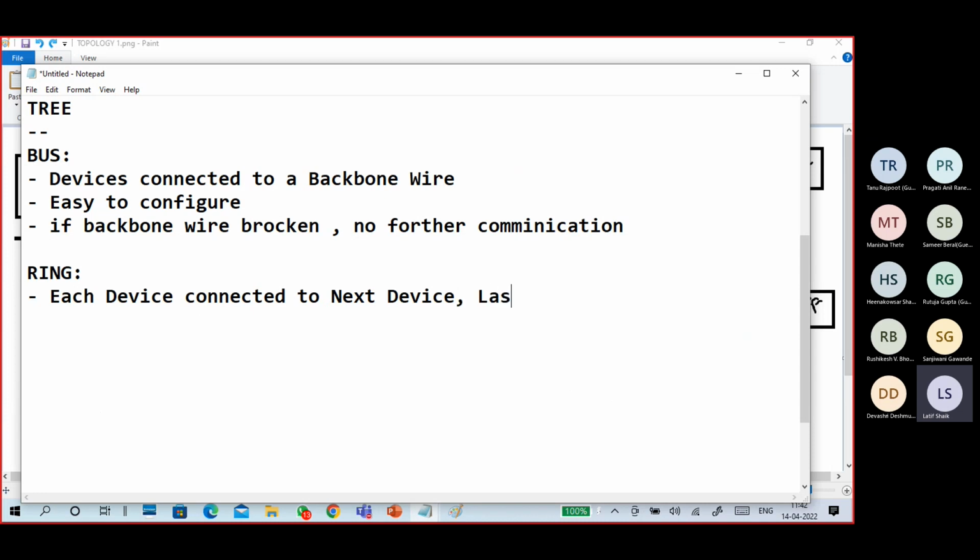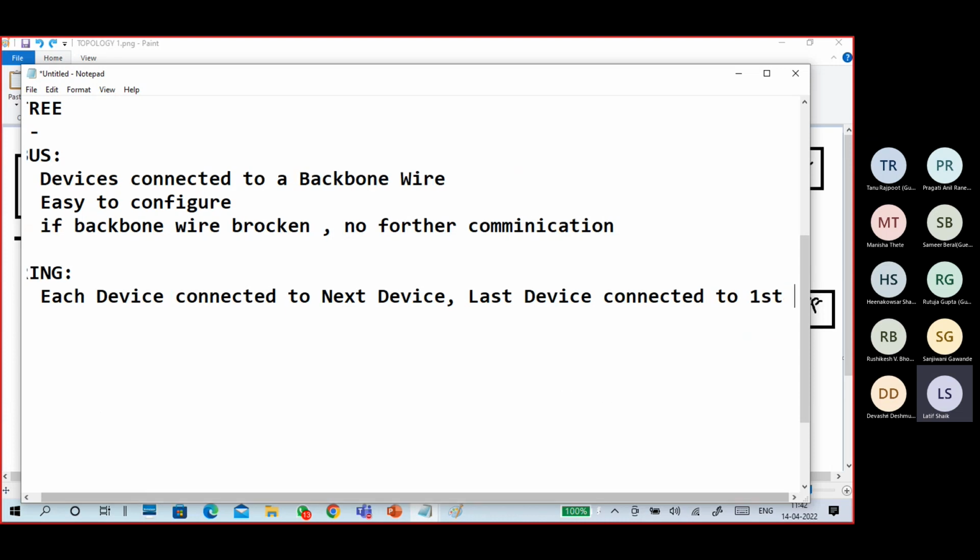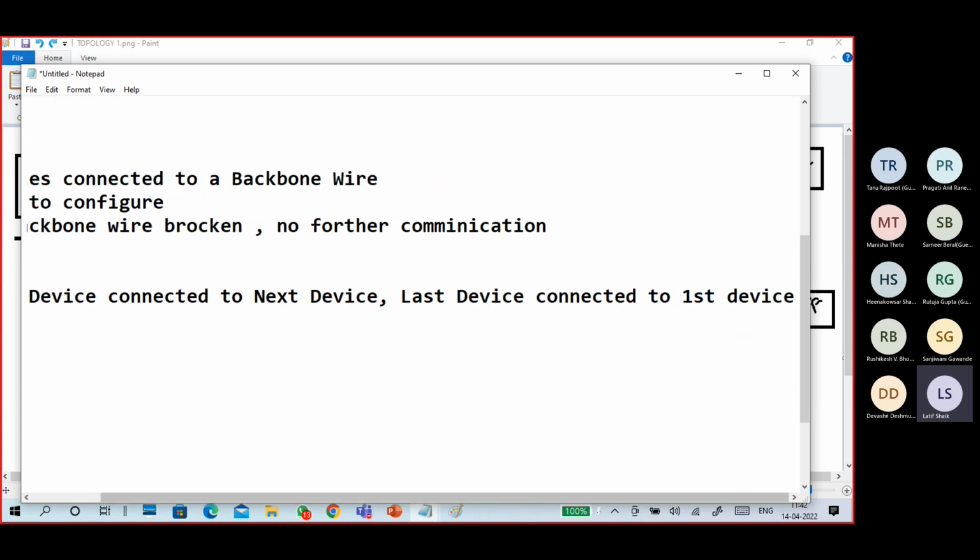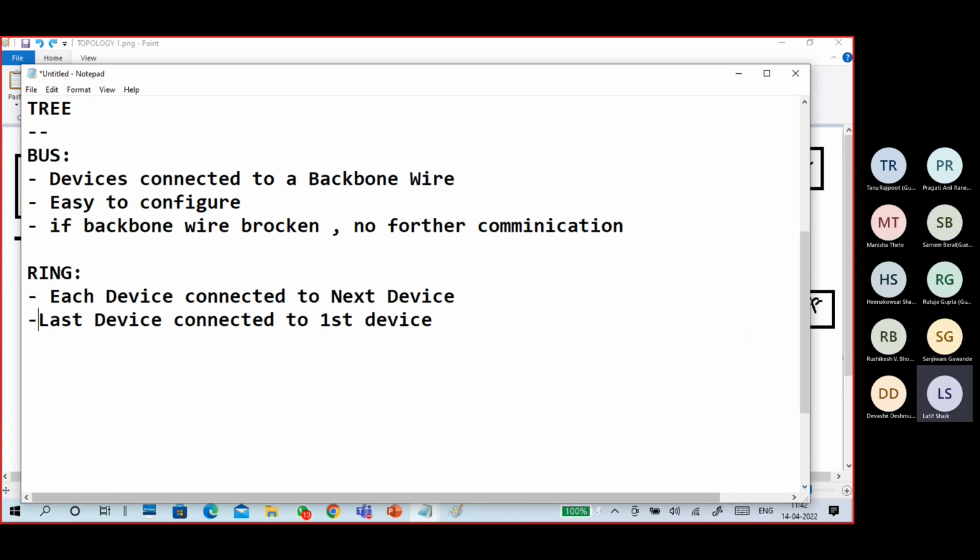Okay, the last device is connected to the first device to form a ring.